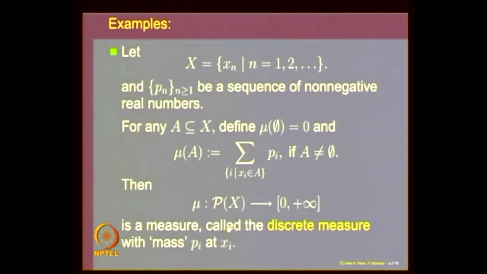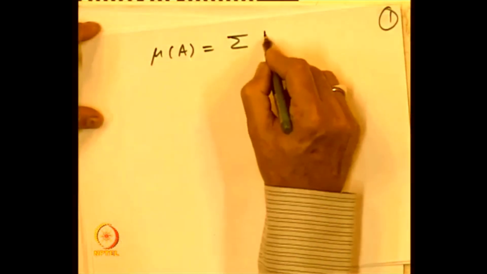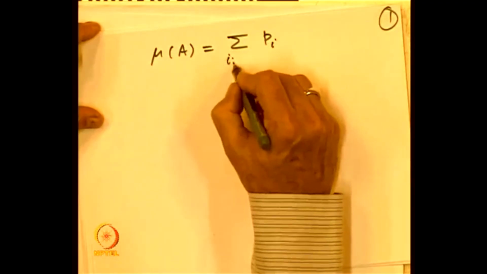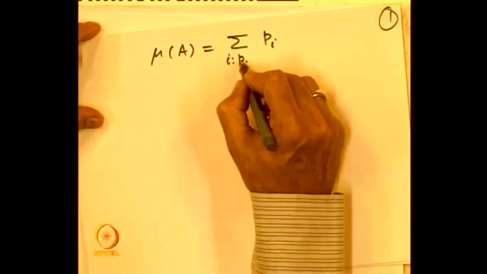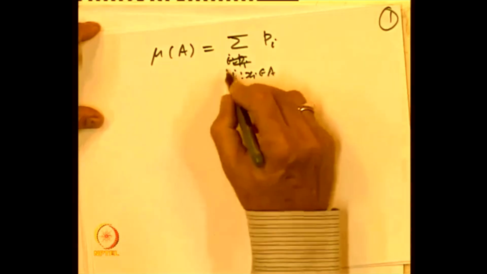So if a set A is a countable disjoint union of sets, let us check that this mu is a measure. We are defining mu of A to be equal to the summation of p_i, where i is such that x_i belongs to A.